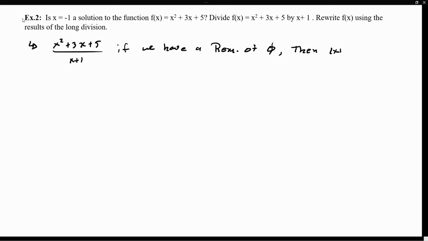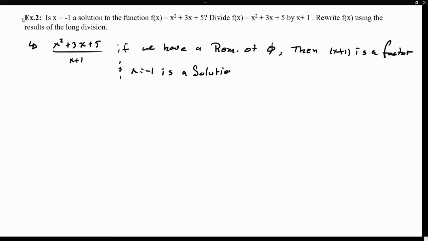So let's find out what happens if we have the following. If we get x squared plus 3x plus 5, and we're going to divide by the expression x plus 1, and if we have a remainder of 0, well then x plus 1 is a factor and x equals negative 1 is a solution.